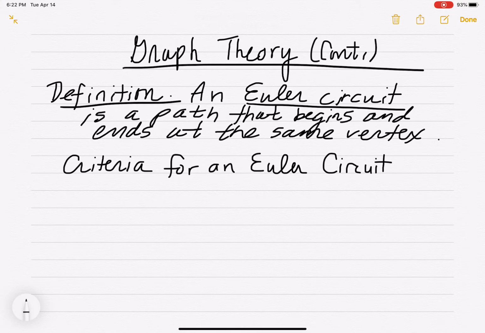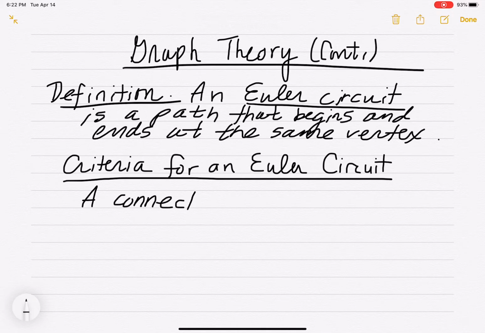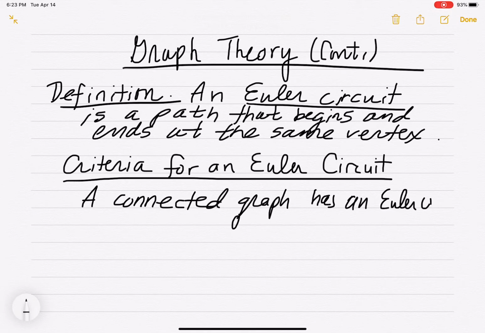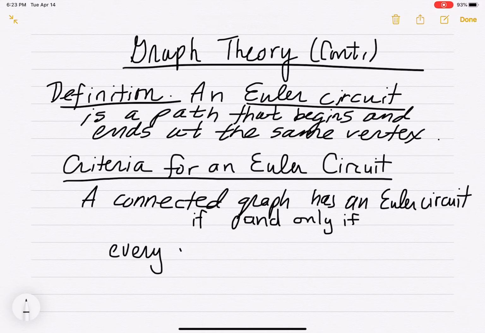And it says this. You have to first of all have a connected graph. You can't have a disconnected graph. So a connected graph has an Euler circuit if and only if the following happens: every vertex has an even degree.